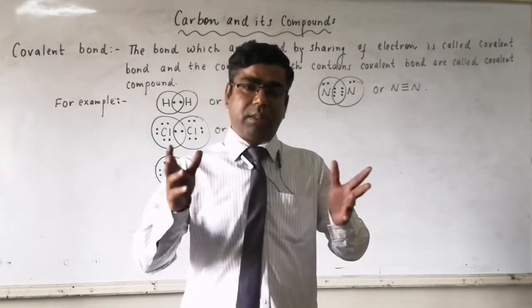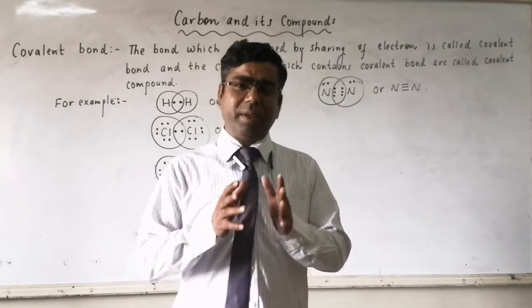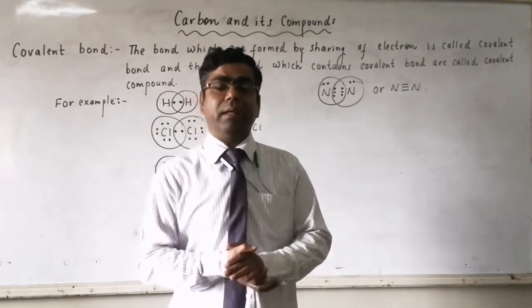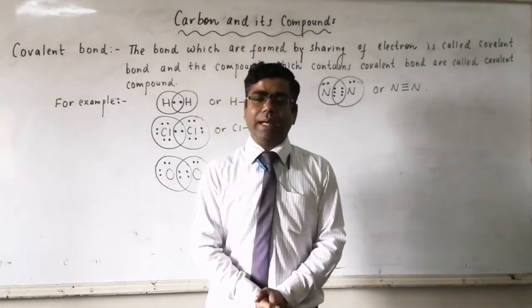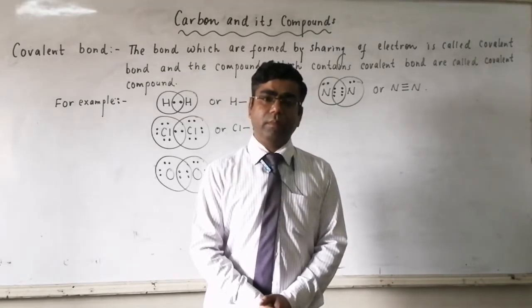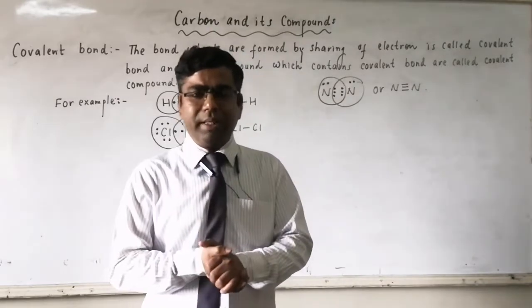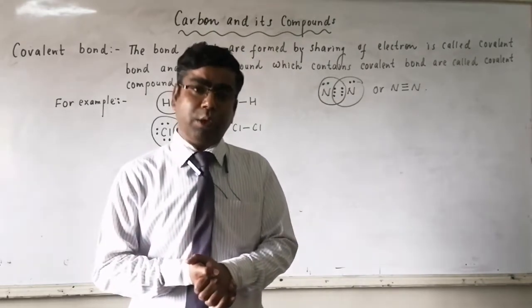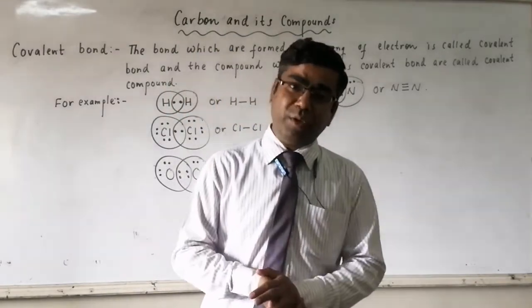Or in other words, we can say that the force of attraction present between cation and anion is called ionic bond, and the compounds which contain ionic bond are called ionic compounds. Whenever metal and non-metal are involved in a compound or in a molecule, the bond is always ionic in nature.